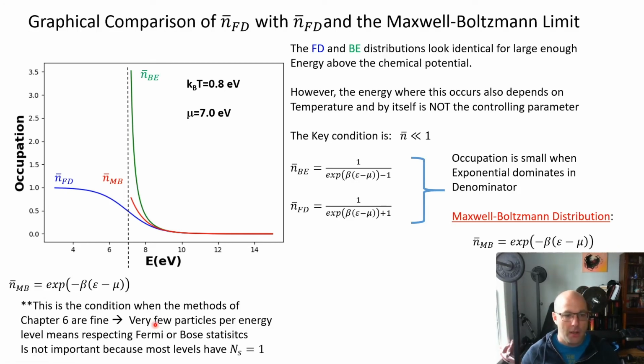If you think back to chapter 6, when we were talking about indistinguishable particles, we made the point that our analysis was really relying on the fact that there were many more levels than there were particles to put inside the levels, right?